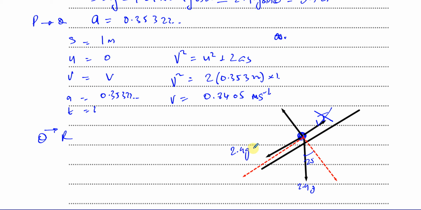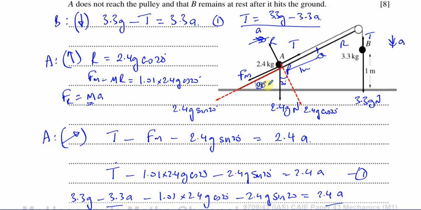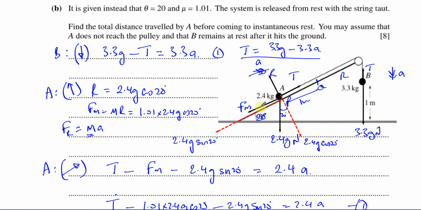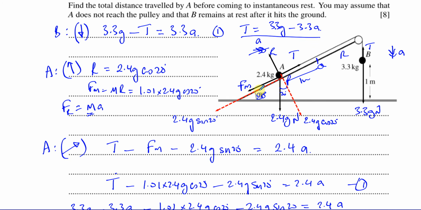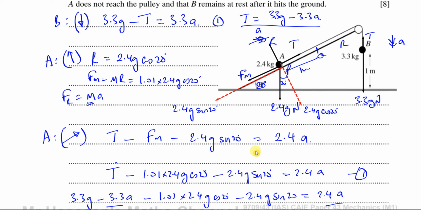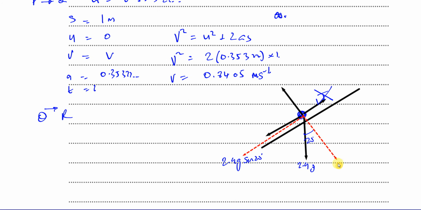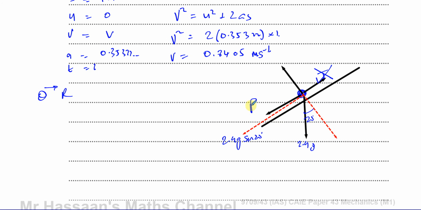And then we have the frictional force, which is F max, which is going to remain as it's moving. Okay, as it's moving up, it's going to be acting downwards, and F max is going to be this value here, which is 1.01. I'll just call it F max for now. Okay, we'll write that down in a minute. So those are now the only forces acting on this, apart from the reaction force.